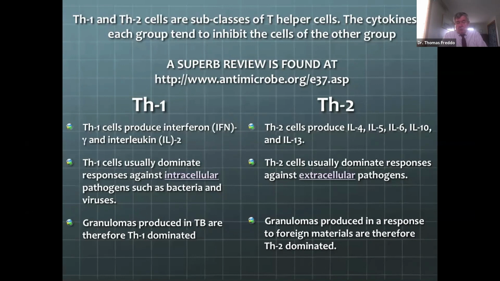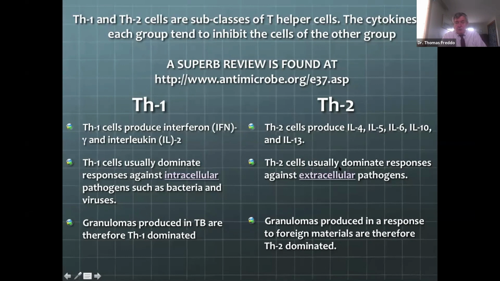So the point we're trying to make with this slide is to offer you the realization that one cannot sort Th1 and Th2 as a dividing point for granulomatous versus non-granulomatous. Th1 generally is the type of response, whether granulomatous or not, that is mounted against an intracellular pathogen. Th2 is what is usually mounted against an extracellular pathogen.